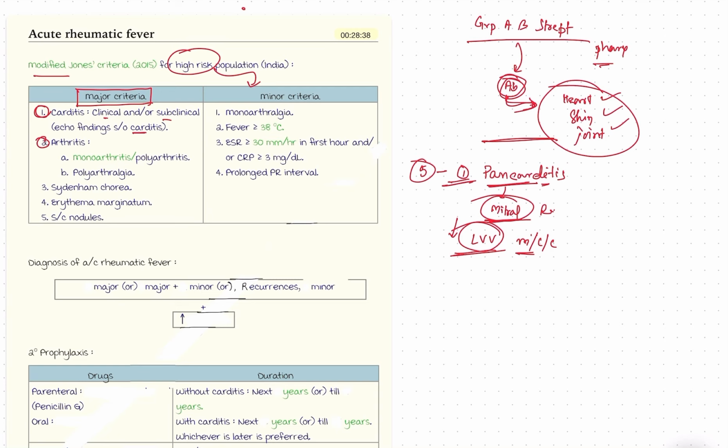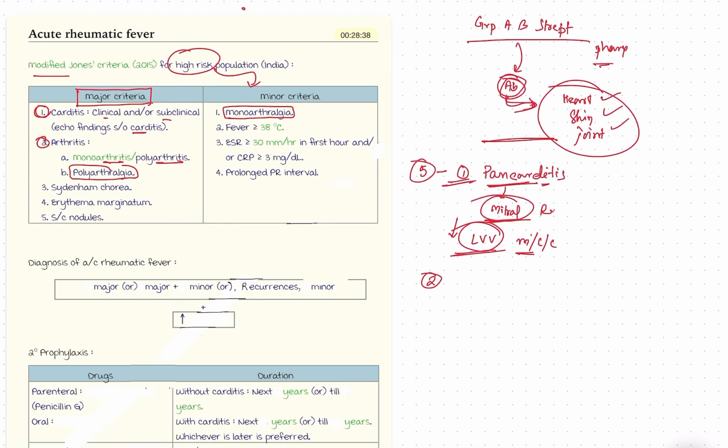Next, coming to arthritis, this is a major criterion. Arthritis includes monoarthritis, polyarthritis, or polyarthralgia. A word of caution: monoarthralgia is not considered a major criterion. You can see monoarthralgia is under minor criteria. If it is any kind of arthritis, or a polyarthralgia, it is under major criteria.